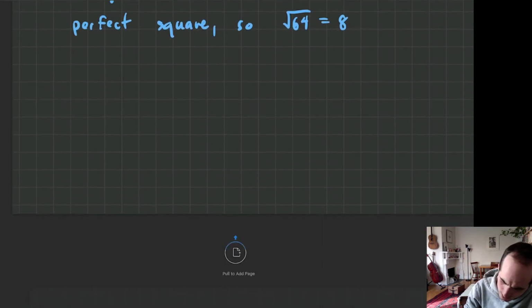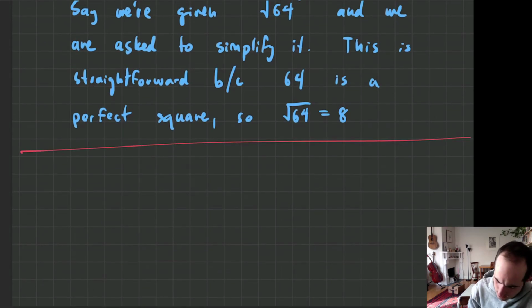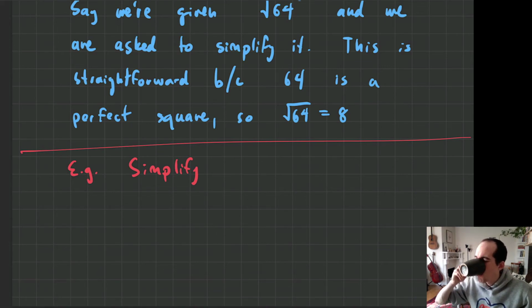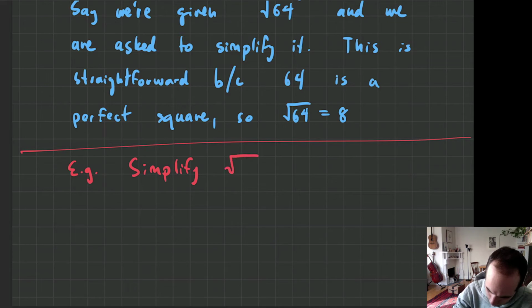So let's try another one. Let's try to simplify one that's not a perfect square. Let's try the square root of 20. How do you simplify that? Well, that's not a perfect square.